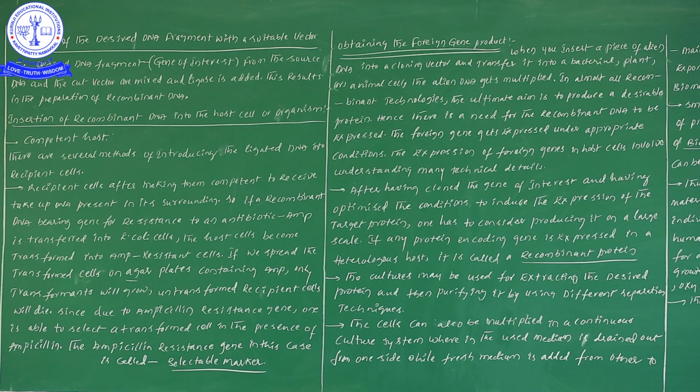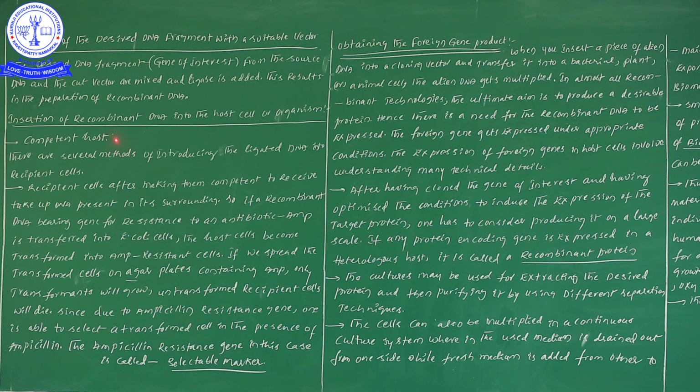In yesterday's class we have seen different types of techniques, so by using different techniques definitely we can incorporate. First of all, one important method: bacterial cells we have to treat with a divalent cation, calcium. At that time small pores form on the bacterial cell wall.